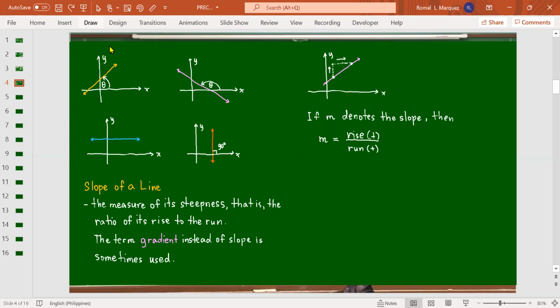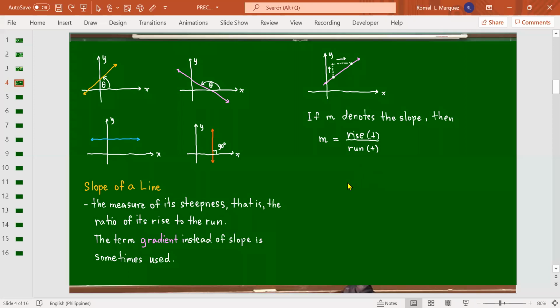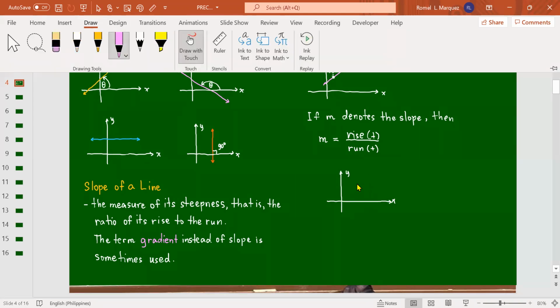Now, in the second one, it is also possible that my line is positioned in this manner.